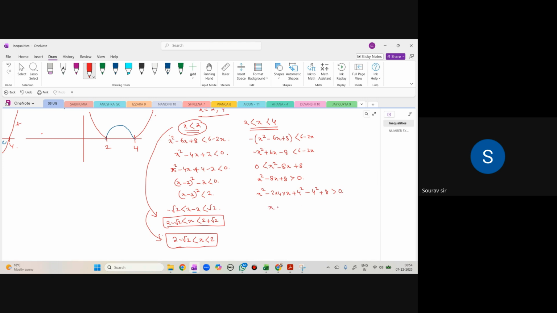So x minus 4 square minus 16 plus 8, that is minus 8, is greater than 0.